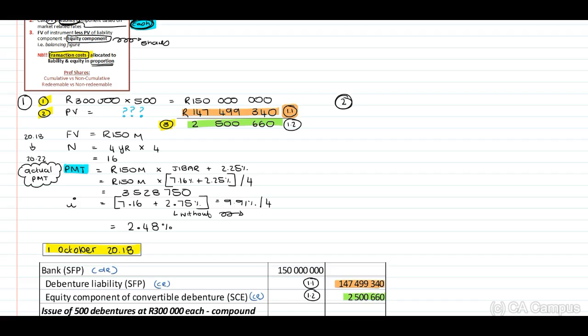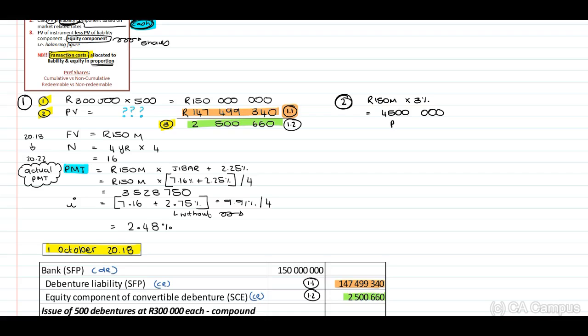Now, I know that they've indicated to me 3% of the face value. Therefore, this will be the 150 million, which is my face value, times 3%, and this will be 4,500,000. Right? Now we need to allocate this proportionately. Now, guys, think about this.